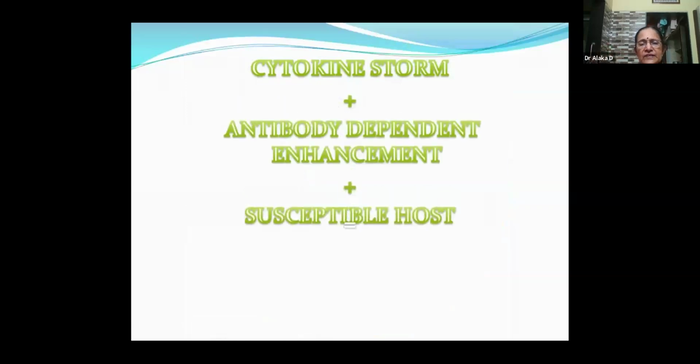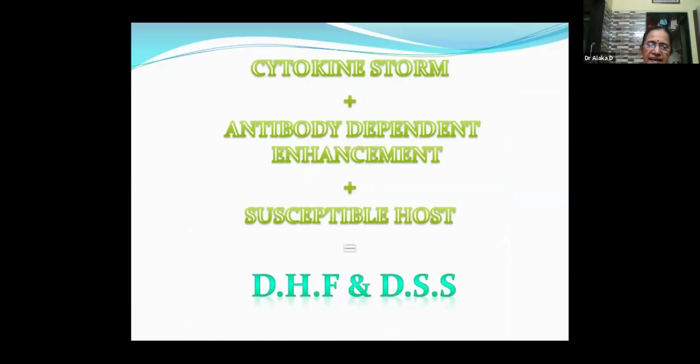Now, what is the pathogenesis? When this virus enters into the human body, the local cells carry the virus to the lymph node. And in the lymph node, with our immune system, there is antibody production. But these antibodies cover this virus. At the same time, it gets deposited on the capillary walls.